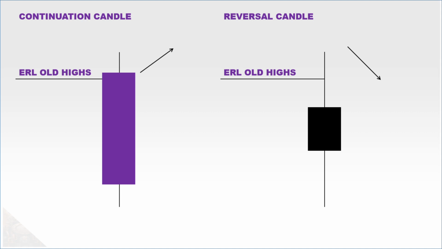If we go below after taking out the high, it should look like this, a rejection candle. So this is how a reversal candle looks. And the next candle should not close above that high, as we want to see price taking out these lows on the lower time frames, right?